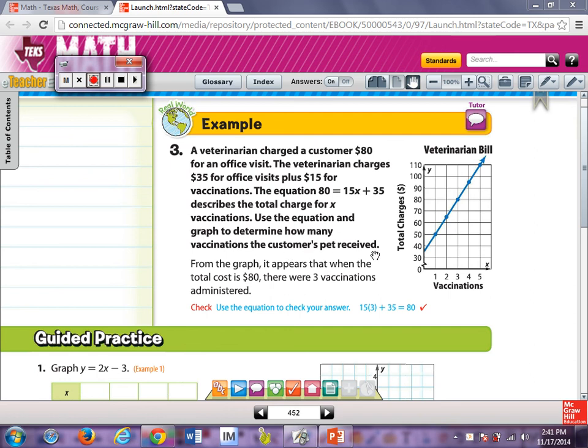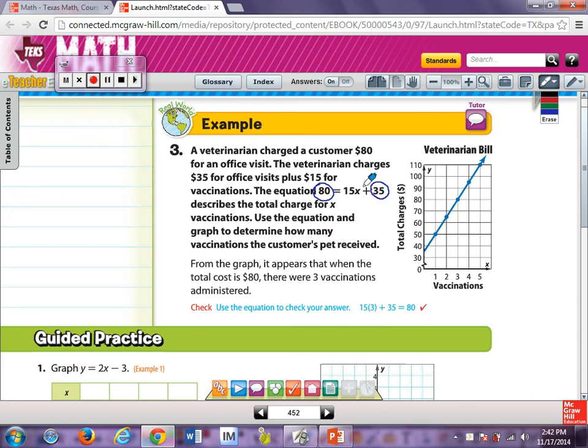So let me re-explain this to you guys. We know that a vet, some pet doctor somewhere, charged somebody a total of $80. That's what we see right here. That's his total. That's how much he ended up coming out of his pocket. What we do know about this particular vet is that it's $35 just for showing up, even if he doesn't do anything.